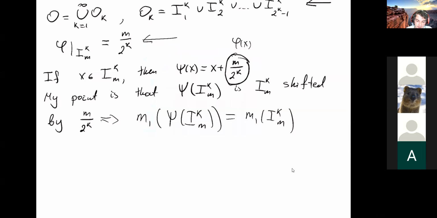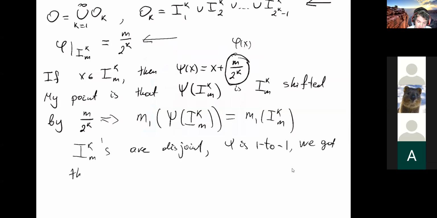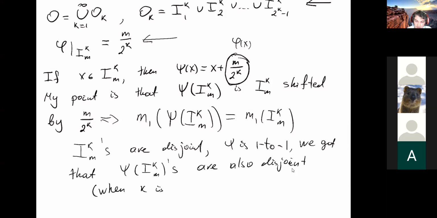And this implies, because the I_{k,m} are disjoint, and psi is one-to-one because it's strictly increasing, that the sets psi of I_{k,m} are also disjoint when we change m and not k. So when k is fixed.